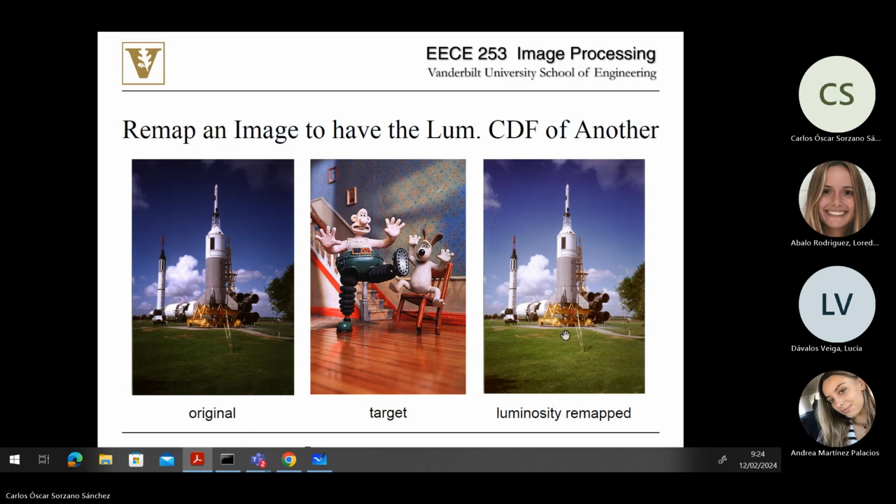So you don't completely succeed in making the two luminances the same, but they're sufficiently close. The luminance of this is close to the luminance of this. And the colors are not perfect, they are not so natural.